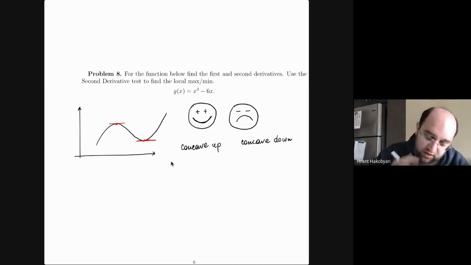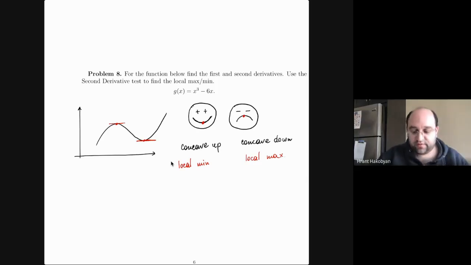Concave up means that I have a local minimum, so at this point here, I have a local minimum. And here I have a local maximum. So if I find the second derivative at the critical point, and it's positive, that means you have a local minimum. If it's negative, you have a maximum.